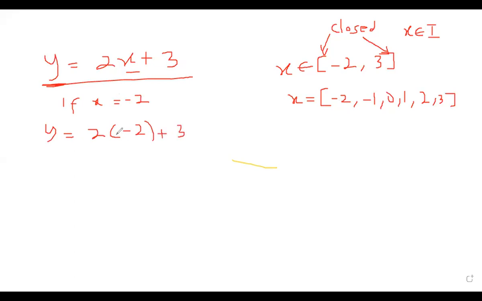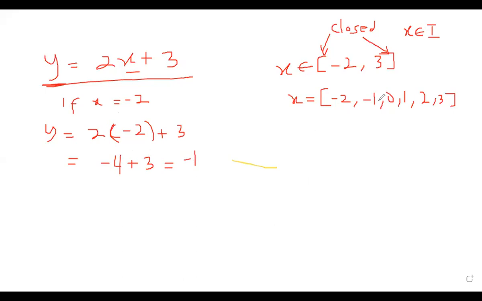The 2 into bracket is the same as multiplication, so 2 times -2 will be -4. This equals -4 plus 3, which is equal to -1.